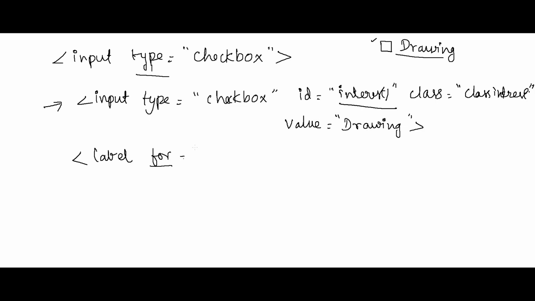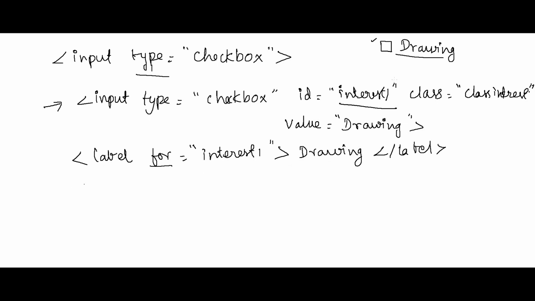So I can use that ID, or if you are giving a name for that input type, you can use that name. So for equal to, what is that ID name? This one. Just close this tag and I give drawing. We want to end this label.